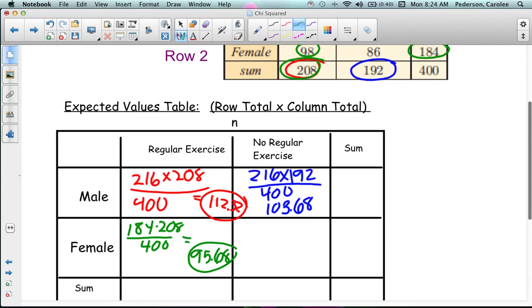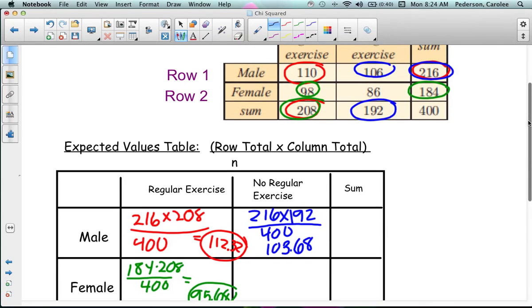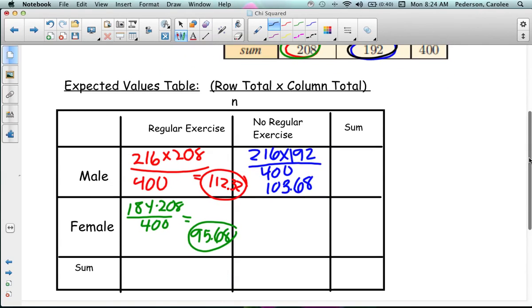All right, last one. We want to find out the expected in this box. So the observed was 86. We take the row total and the column total and multiply them together. So 184 times 192, and divide by 400.